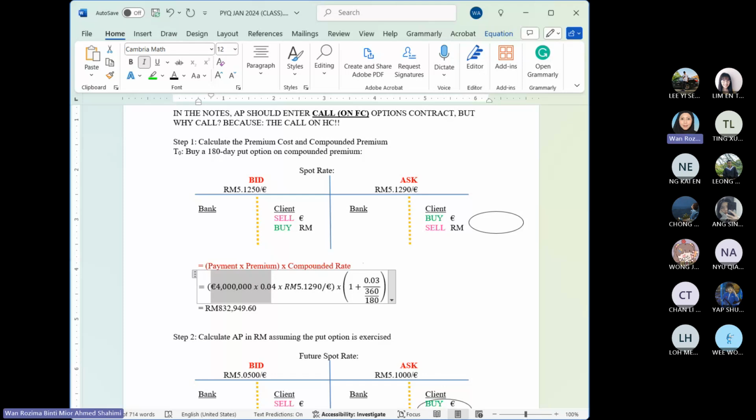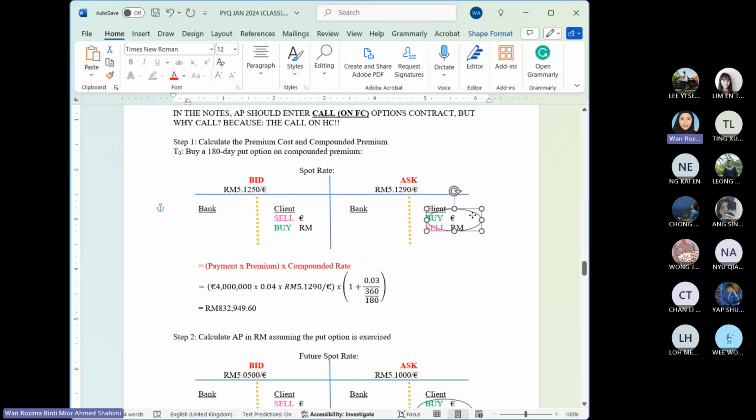But now you have ringgit Malaysia, since this is your home currency, so you have to sell ringgit Malaysia and buy euro. So in this case, the spot rate that you need to choose is the ask price, not bid price. 5.1290. Then you take times the compounded rate.